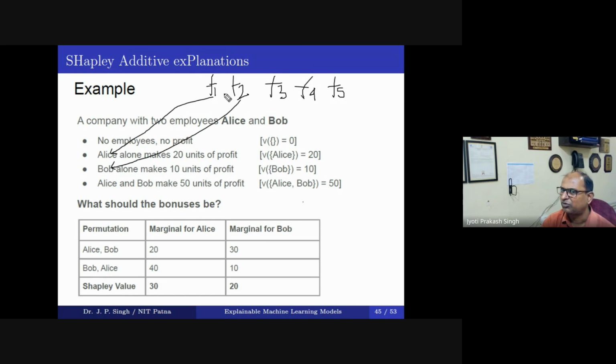And similarly, you can make a profit. So what you do is, with no feature, you will have some base case. If you add one feature, what is the classification accuracy? If you add 2 features, what is the accuracy? If you add 3 features, 4 features, 5 features, what is the accuracy? And you take it for all the permutations. And if you calculate the marginals for all the cases, you will have a marginal for all the features, F1, F2, F3, F4, F5.